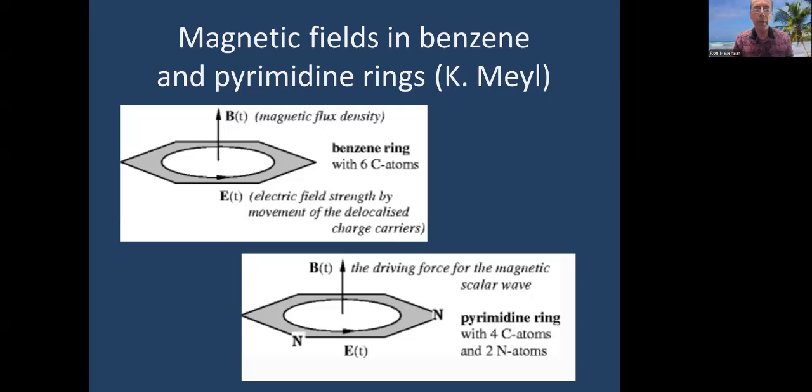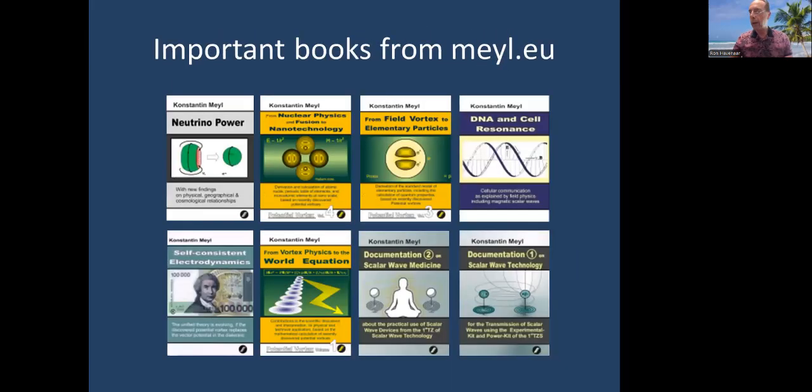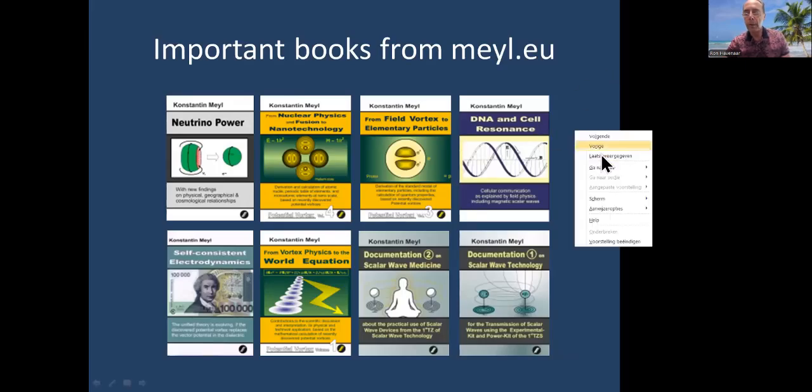So you have here a ring in the upper drawing of 6 carbon atoms, and at the lower you can see the pyrimidine ring, which is 4 carbon atoms and 2 nitrogen atoms. And those forces are held together. I got this information from this book, DNA and Cell Resonance. Yeah, it's here on the right side.